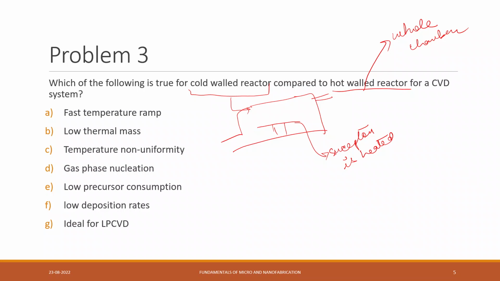We can increase or decrease its temperature more swiftly because fewer things are involved, so ramping temperature is favorable here. The second option is low thermal mass. Thermal mass involves how much of the system is being heated, thermally active.